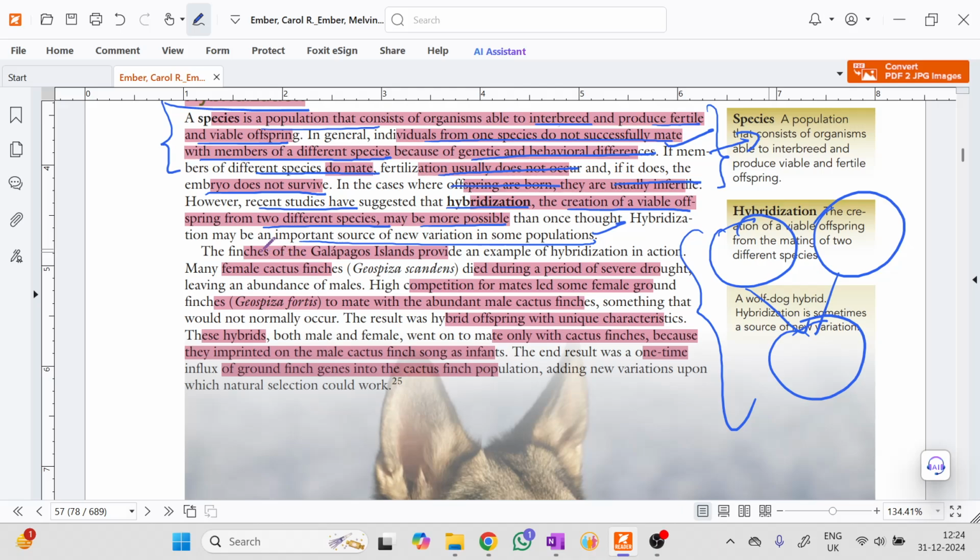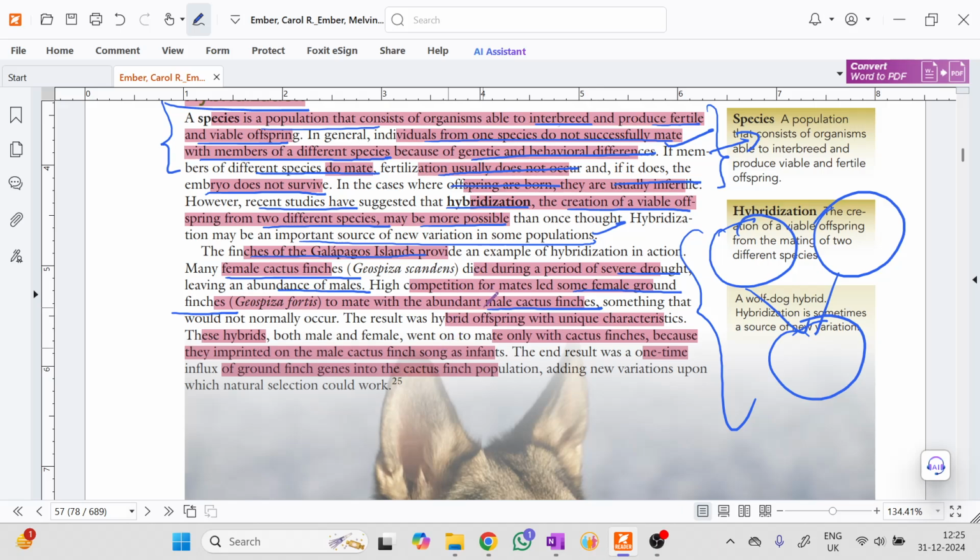So an example here is the finches of the Galapagos Island, which provide an example of hybridization in which female cactus finches died during a period of severe drought, which left an abundance of males and high competition for mates. It led some female ground finches to mate with male cactus finches.